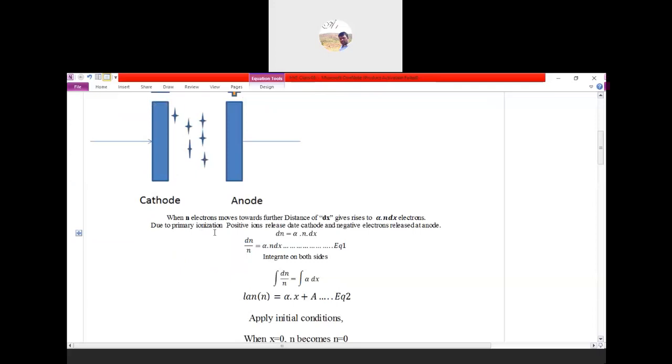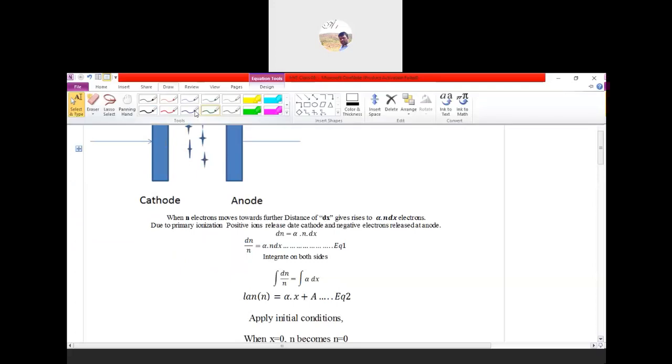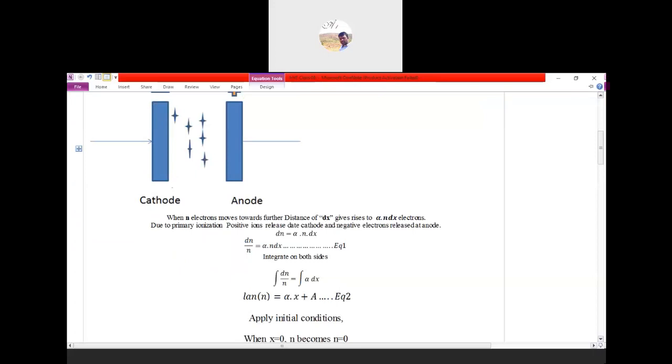Here we want to find out how much current is flowing in the dielectric material when conduction takes place. That amount of current we have to calculate using the Townsend current growth equation for primary ionization. Whenever we apply high voltage to this dielectric material between the cathode and anode, we consider that some electrons are provided.